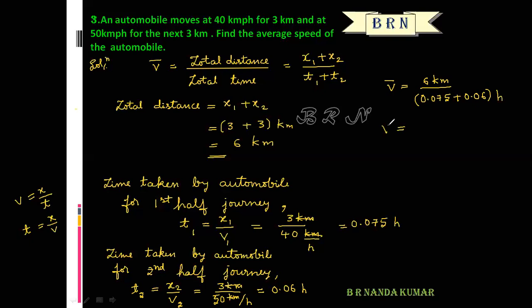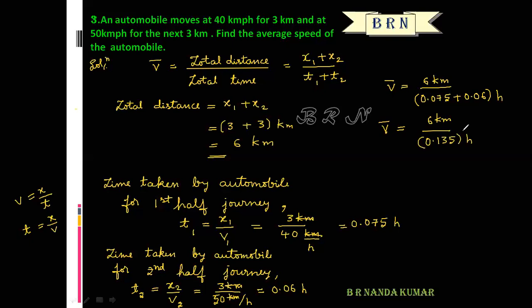So 0.075 plus 0.06 value is 0.135. This is in terms of hour.